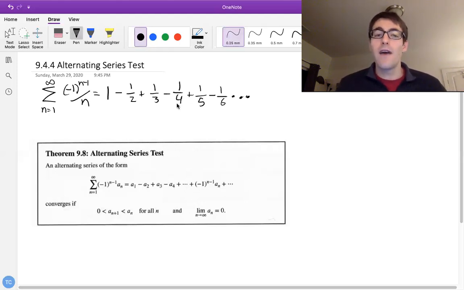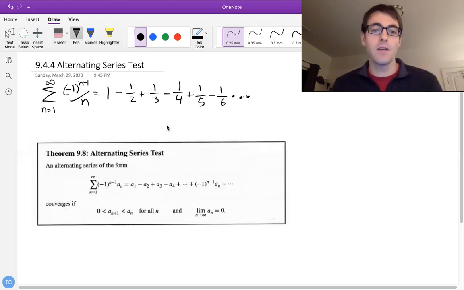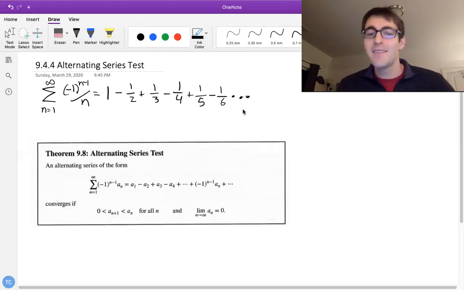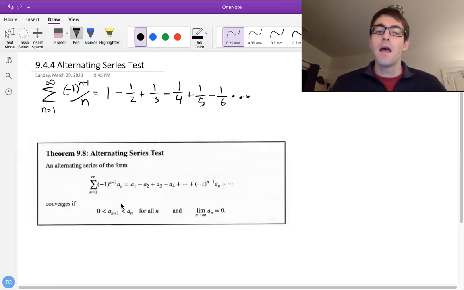So regardless of the fact that the underlying series, 1 over n, diverges, because this is an alternating series and because it's decreasing, it's going to end up converging.